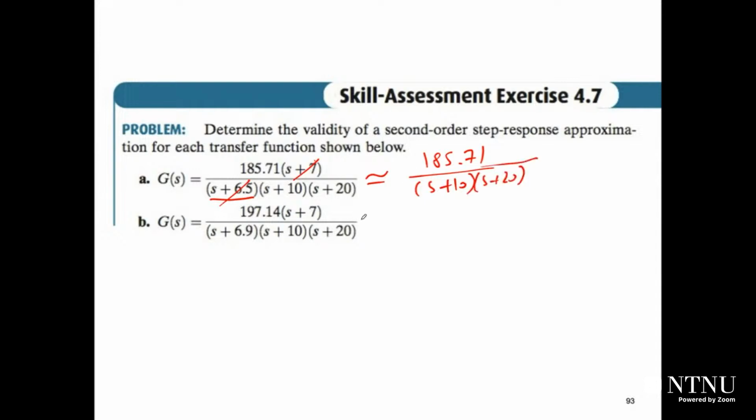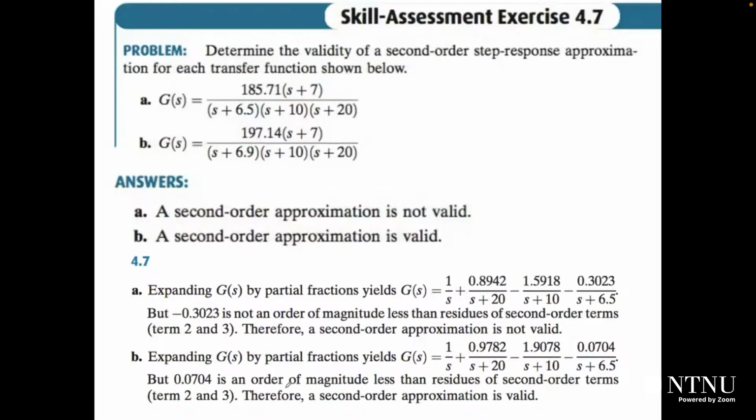Can we do this? The same here also, can we cancel this one with this one? So this system will be 197.14 divided by S plus 10 multiplied by S plus 20. Can we do this? We need to do this using partial fraction expansion.